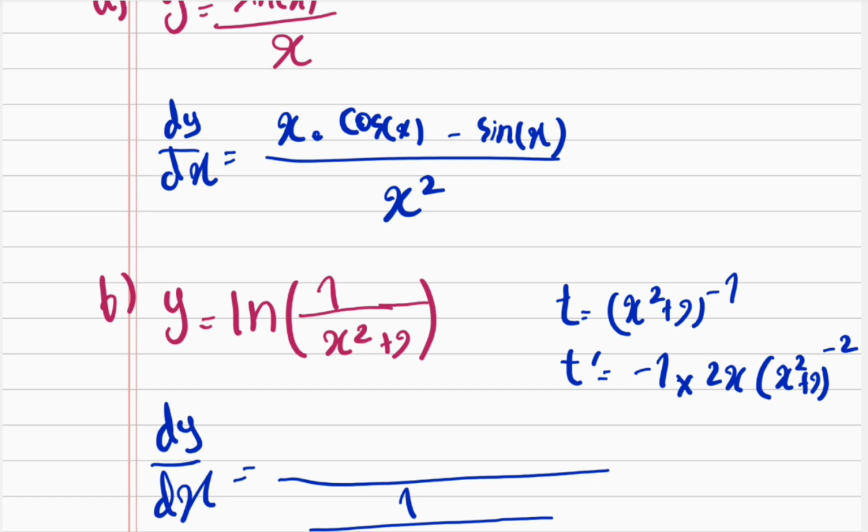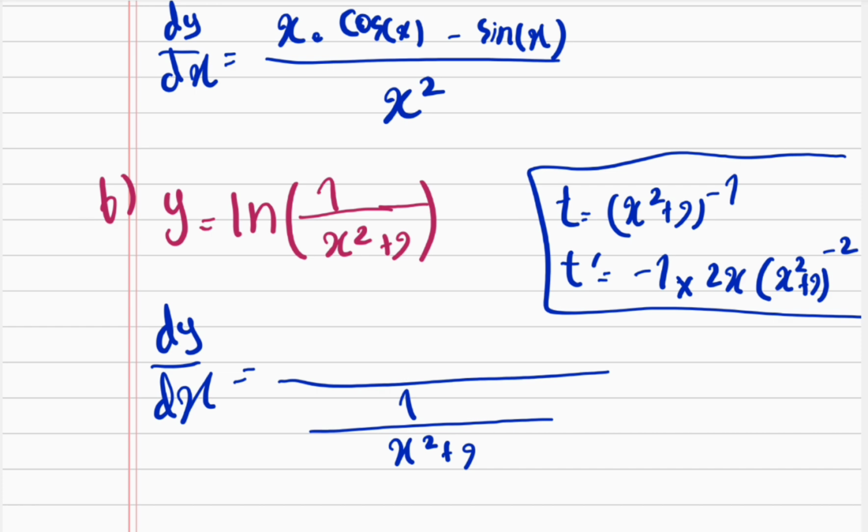So this is basically the derivative: minus 1 times 2x times x squared plus 9 to the power minus 2, which is the derivative of this function inside the ln. So that goes to the numerator of this derivative, and we are going to have minus 1 over 2x times x squared plus 9 to the power of 2, or just a square.